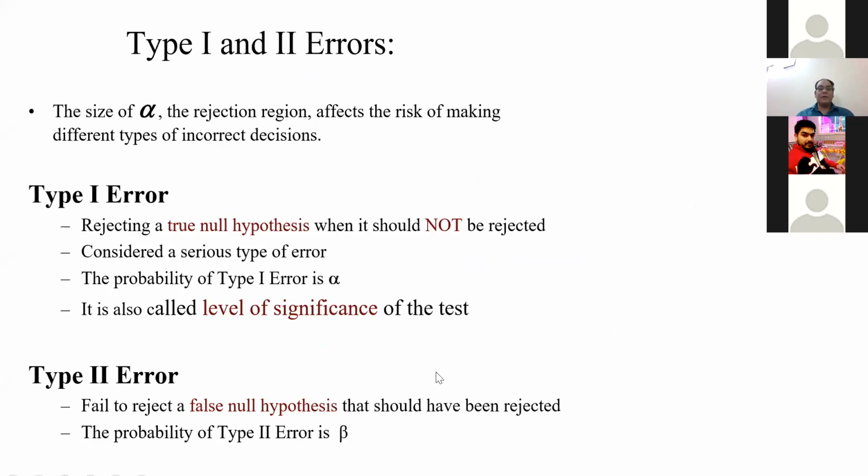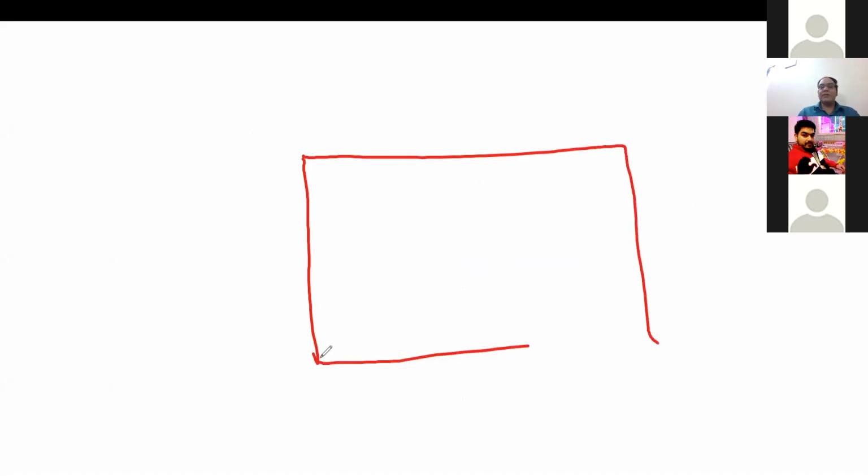Okay, let me take you to the whiteboard again, where I can explain the type 1 error and type 2 error. Suppose this is a very old example, and you can see this example in most of the books and video lectures, but because I am teaching you type 1 and type 2 error, I am also following the same example.